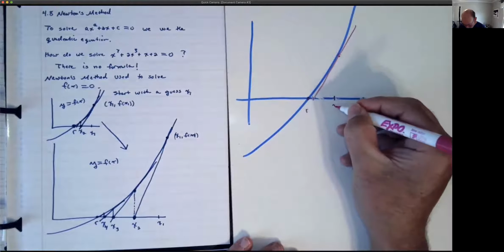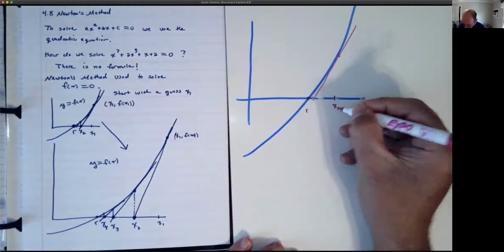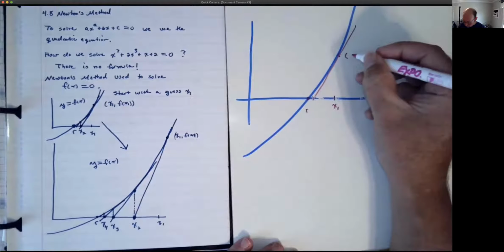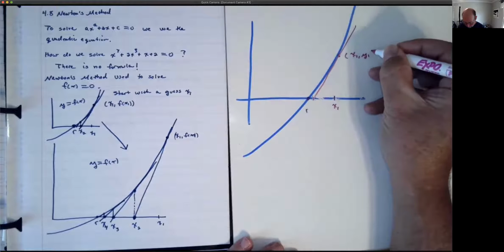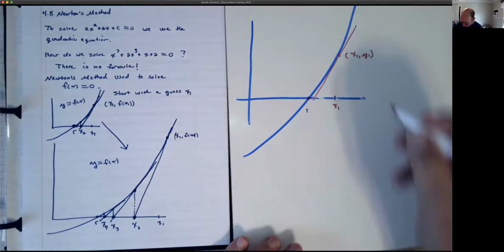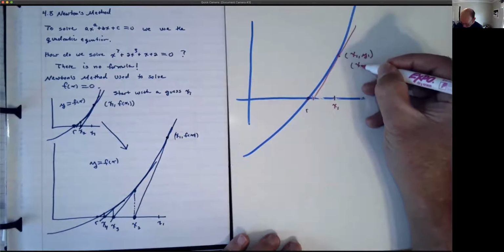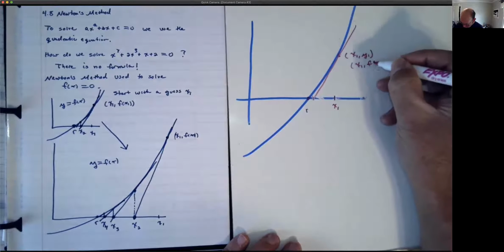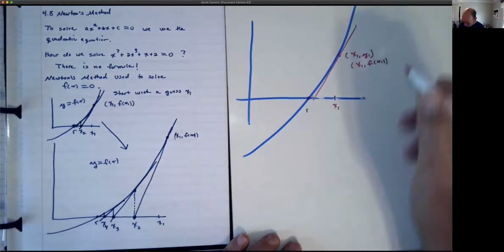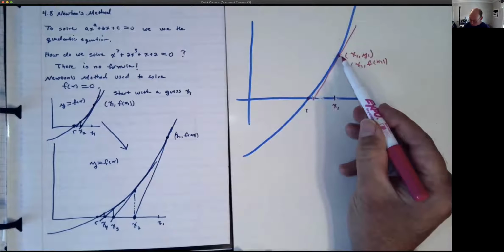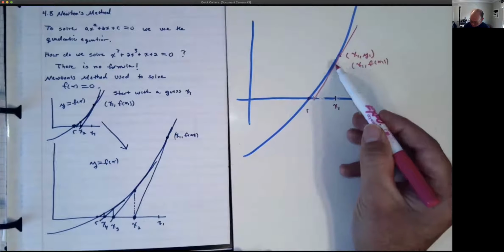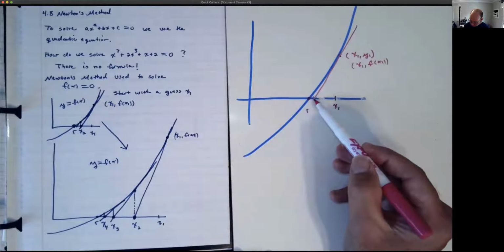So let's say x1 is where we started, and this is the point (x1, y1), which is (x1, f of x1). We calculate the tangent line at x1, and we follow the tangent line back towards the x-axis.